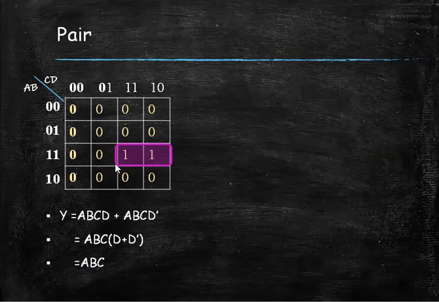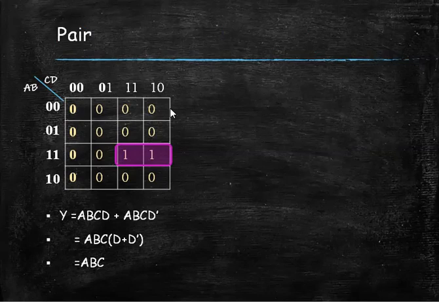Now look at the K-map. This pair is in the horizontal direction. When we move horizontally, the variable D is changed from 1 to 0. D is complemented.